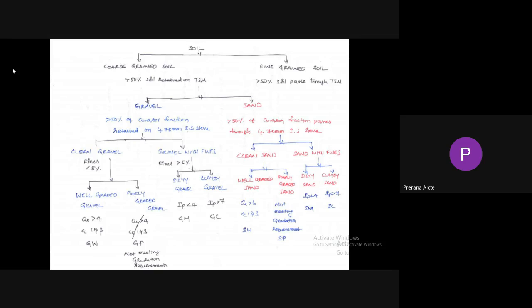So please remember, the Indian soil classification system is derived from the Unified Soil Classification System.